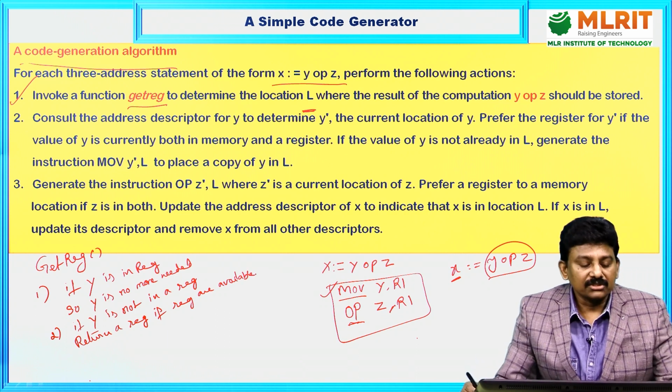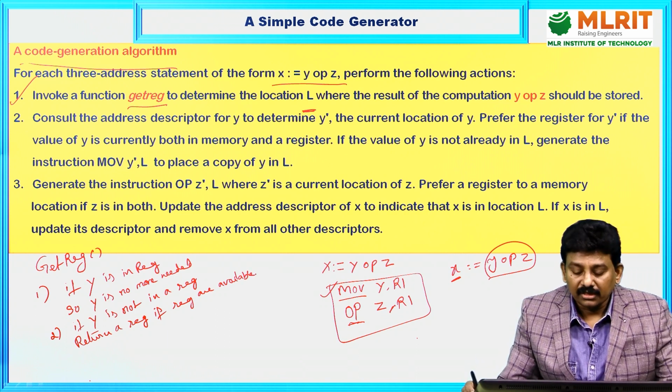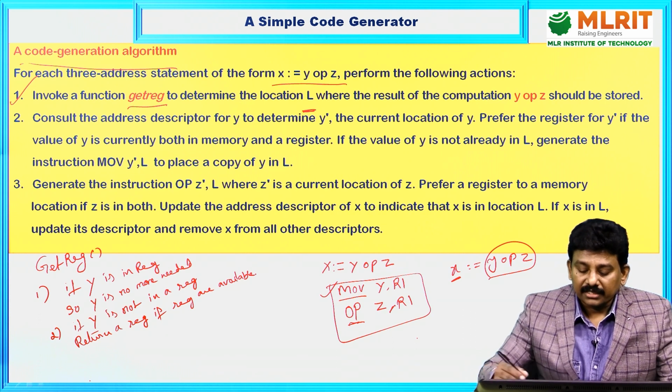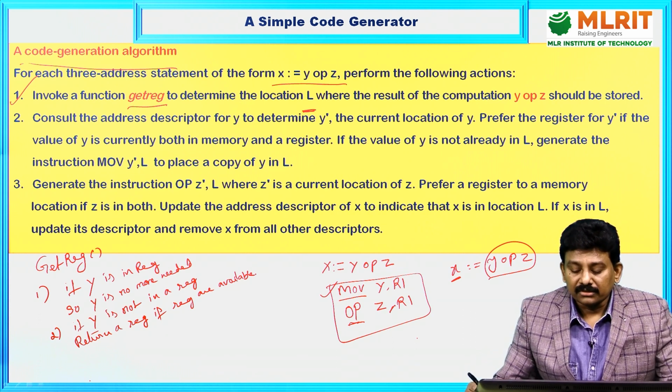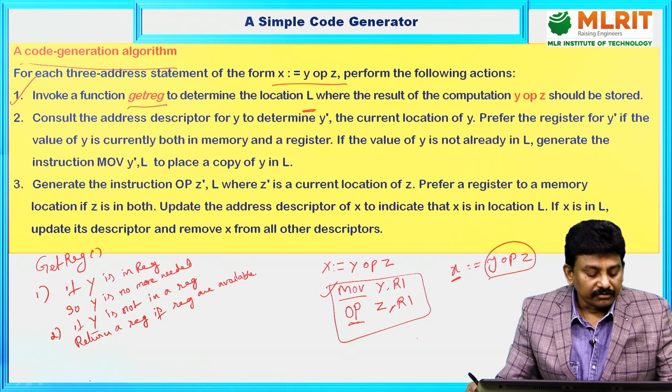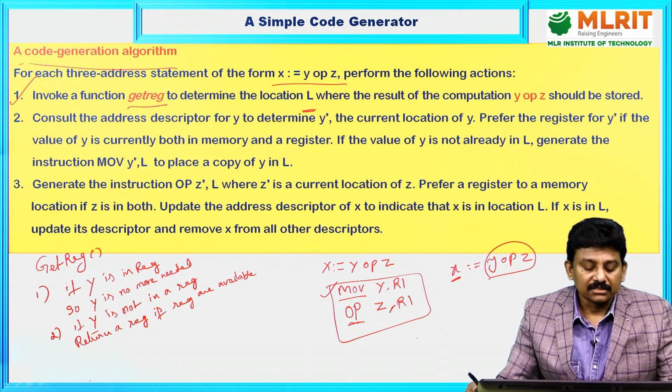So, the first option is y is already in a register, so y is no more needed, and directly we can perform the operation op on z. Second option, if y is not in a register, then we need a register. If the registers are available, the getreg function will return a register.